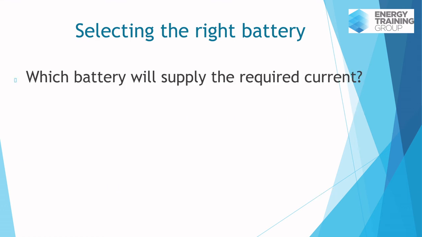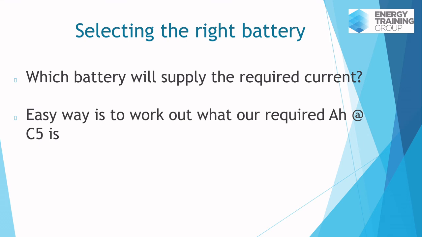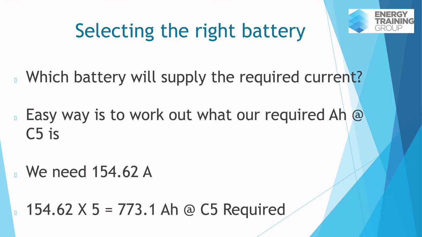So how do we work out which one will be good? The easiest way is to take our required amps and work out our required amp hours at C5. We need 154.62 amps continuous. So if we do 154.62 times 5, we get 773.1 amp hours at C5.